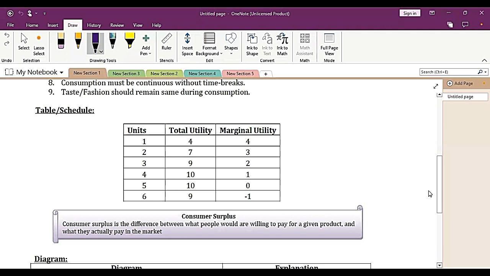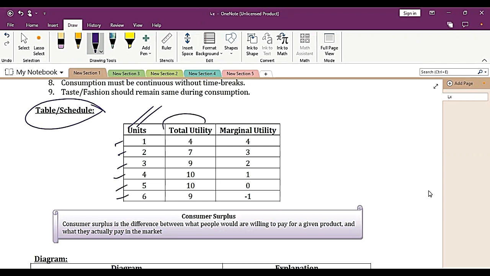Let's study this topic with the example of a table or a schedule. We are consuming continuous units of a product: 1, 2, 3, 4, 5, 6. Firstly, at unit 1, total utility is 4, whereas marginal utility is also 4.